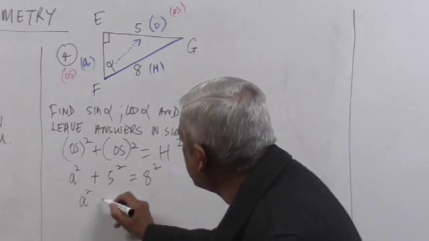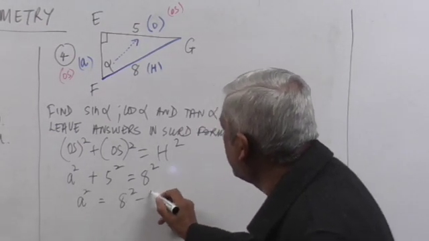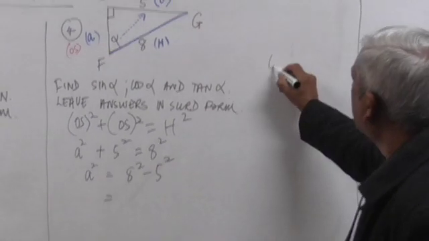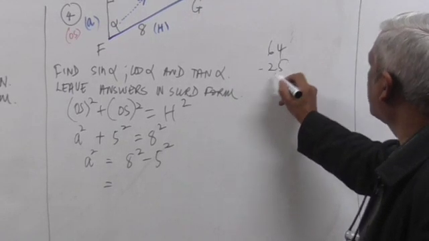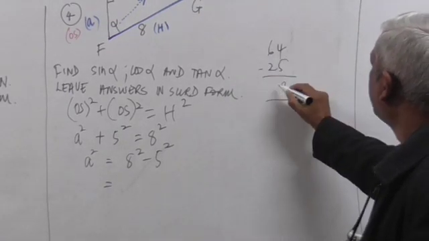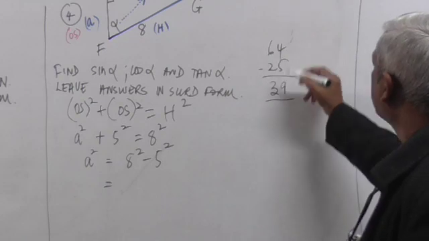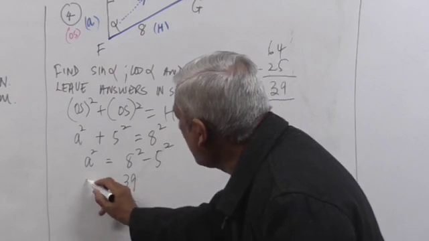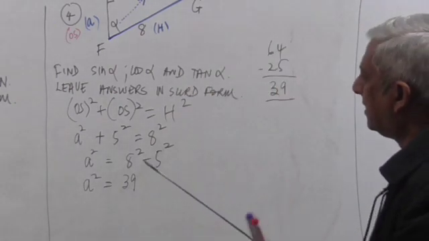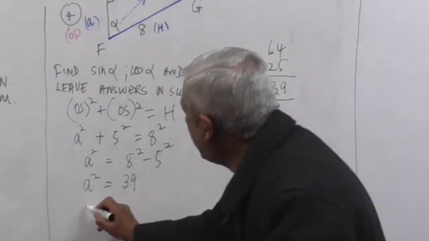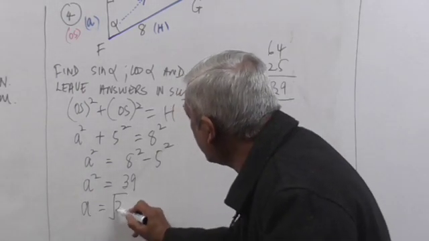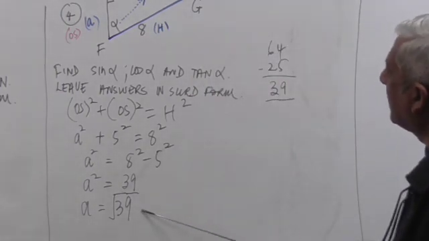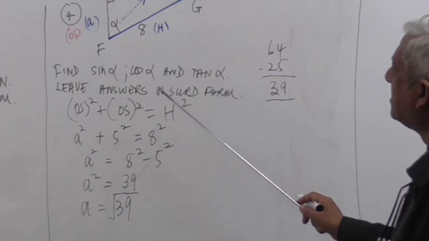So A squared is equal to 8 squared minus 5 squared. And you'll put that in the calculator. You'll get 64 minus 25, which will give you 39. So A squared is 39. So A is equal to square root of 39. Once again, don't put it in the calculator, leave it like that, because they said leave answers in surd form.